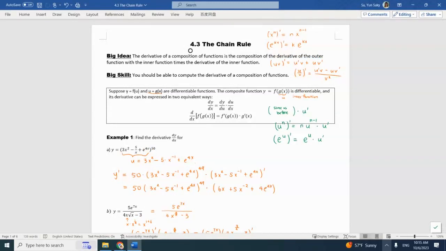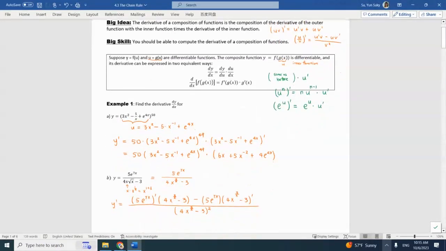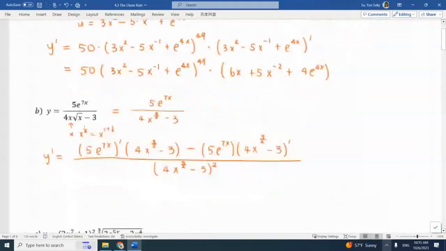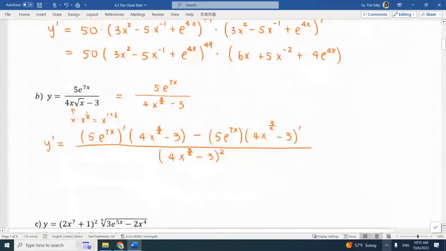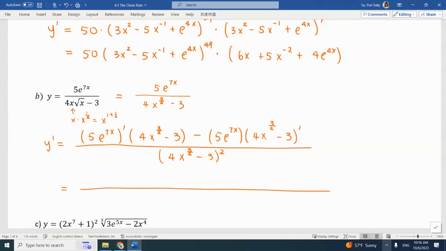Just one extra thing at the end. And so every step just do one thing. This step we did quotient rule. And then the next step you look at which factor has the prime, you differentiate it. Right? Okay, the first factor has prime. Let's differentiate it. Mackenzie, what's the derivative of 5 times e to the 7x?